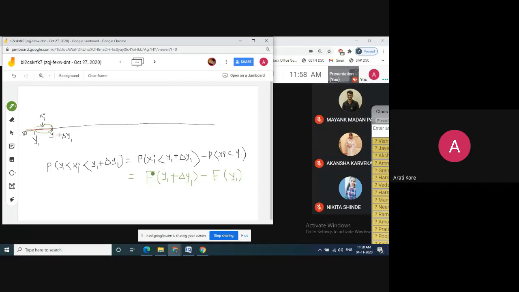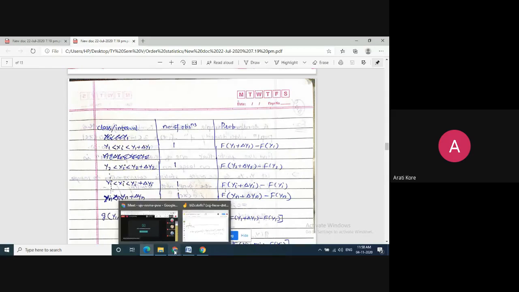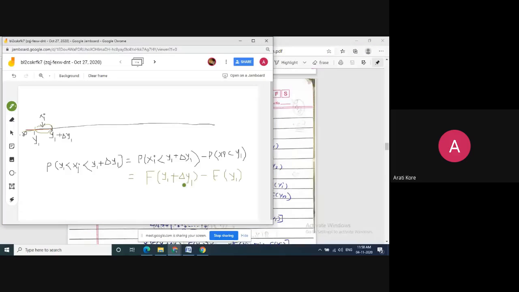Right? The same thing I was telling you. So the first interval is xi lying between y1 to y1 plus delta y1. How many observations are there? One observation. What is the probability? Just now I have shown it to you. F of y1 plus delta y1 minus F of y1.